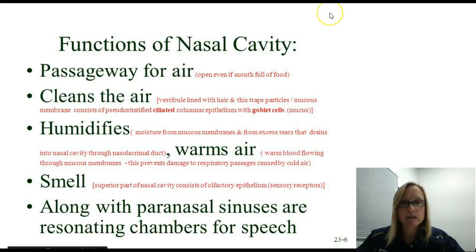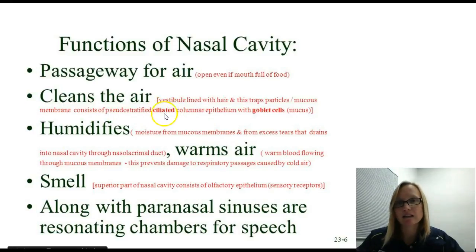So for example, the nasal cavity is obviously a passage for air. It cleans the air. Now don't worry too much about these big words over here, pseudostratified ciliated columnar epithelium. You don't need to worry about that. What you need to know is it cleans the air simply by using mucus with cilia.